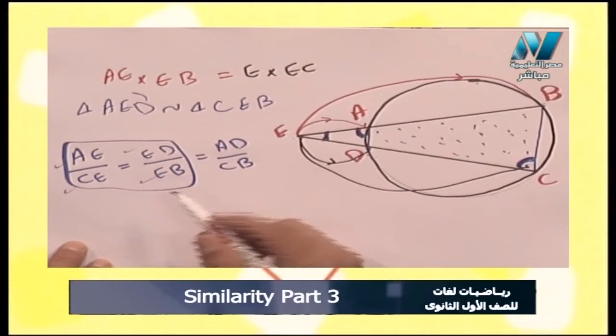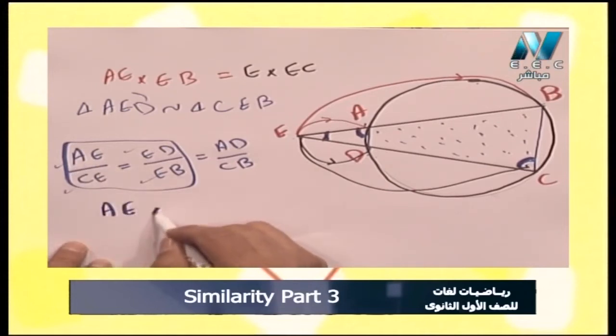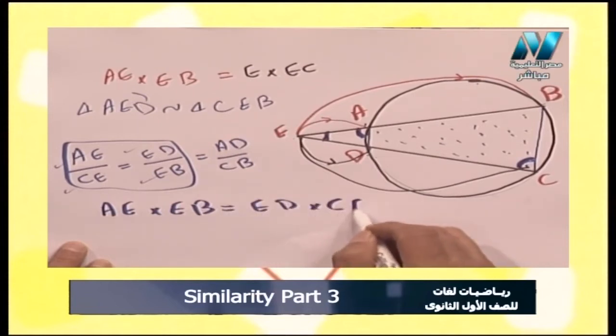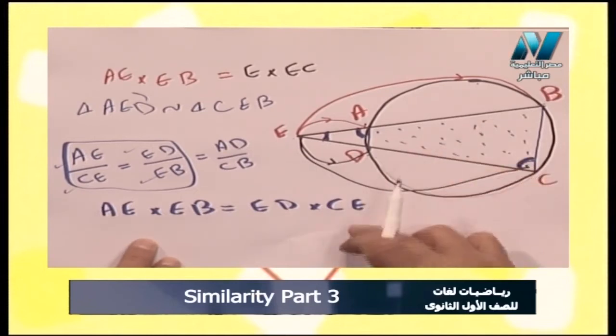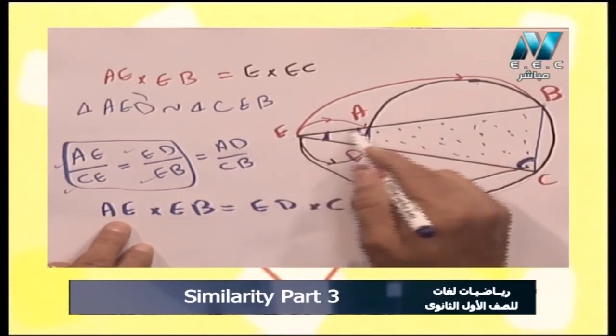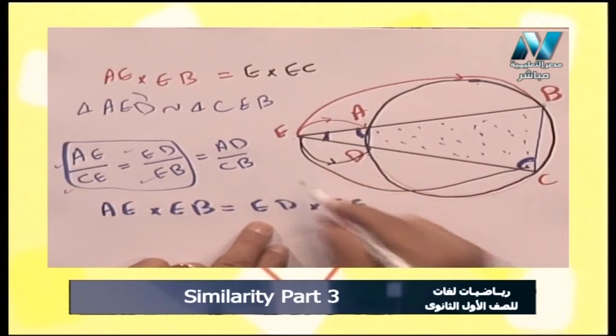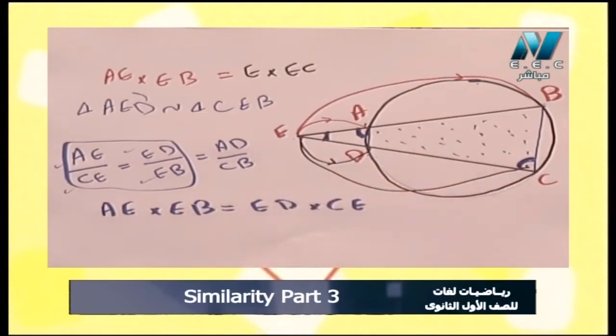We will find out easily that AE multiplied by EB equals ED multiplied by CE. Try to connect these with each other. We have here AE, which is the first part, multiplied by EB, equal to ED multiplied by EC. So easily, my dear students, we proved that these parts are really proportional, and we are now going to try to solve some questions on it.